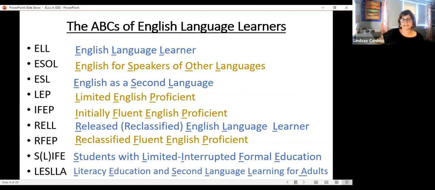ESL, English as a second language. RELL or REL is released or reclassified English language learner. SIFE or SLIFE, students with limited or interrupted formal education. And LESLA, which there was a great presentation on yesterday, is literacy, education, and second language learning for adults.